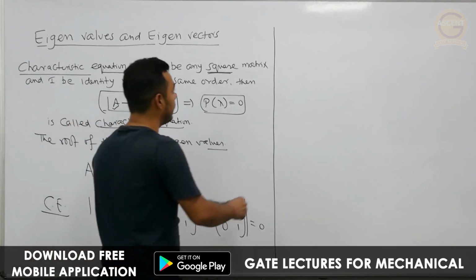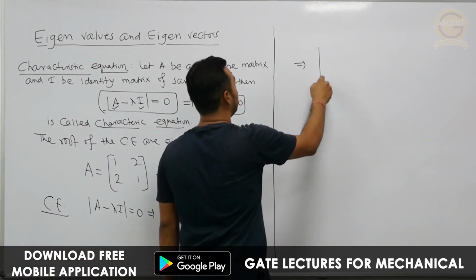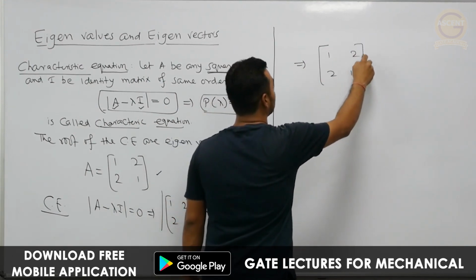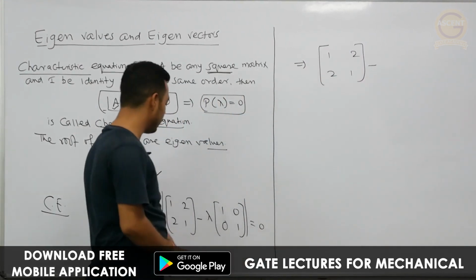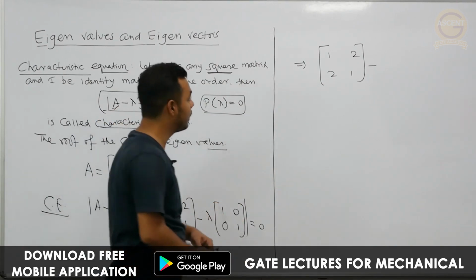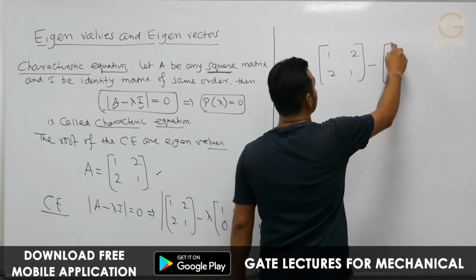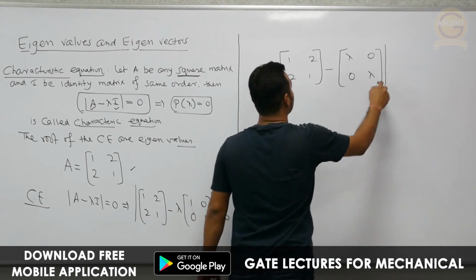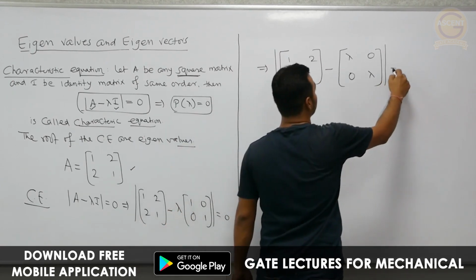Now we can rewrite this equation as the matrix 1, 2, 2, 1 minus, if we multiply the identity matrix by lambda, we get lambda here and lambda here. So this will be lambda, 0, 0, lambda, and the determinant of this matrix equals 0.